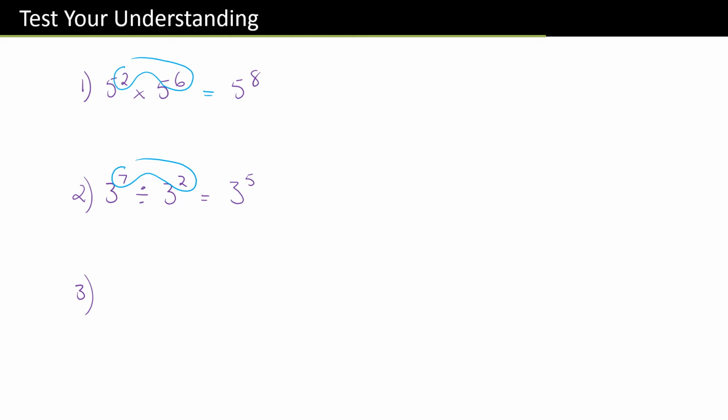Let's see if you've understood rule number 3. What if we had 4 to the 5 and we raise that to the 3? So 4 to the 5 all cubed. From rule number 3, you have to multiply those powers, so that would be 4 to the 15.